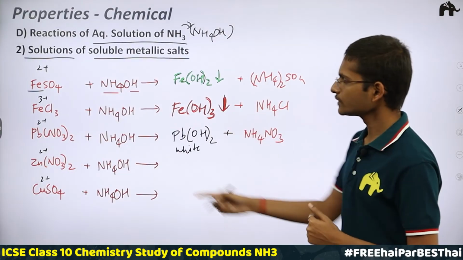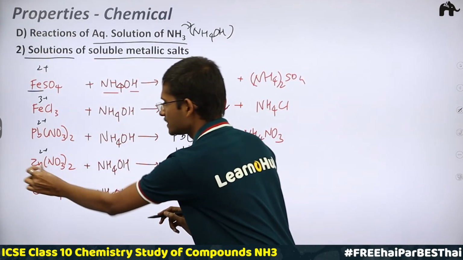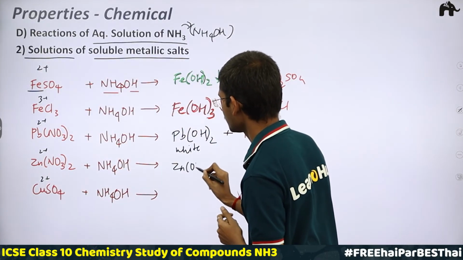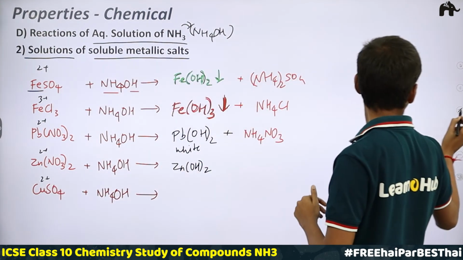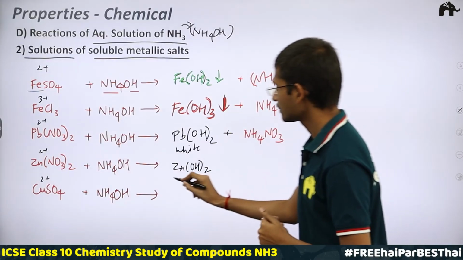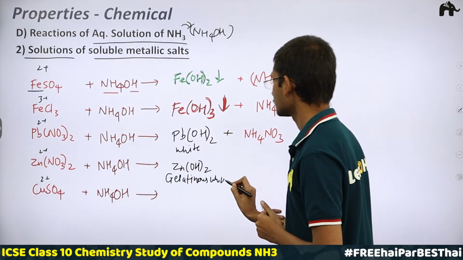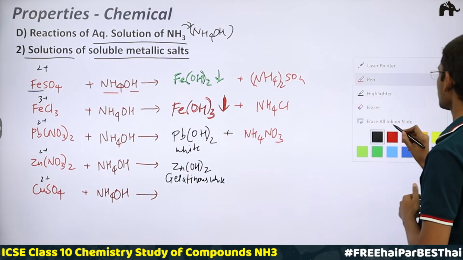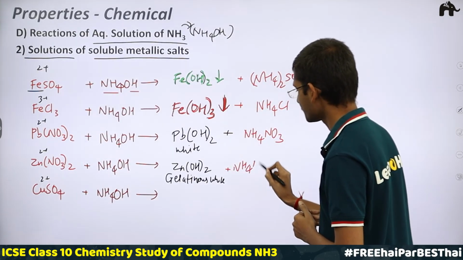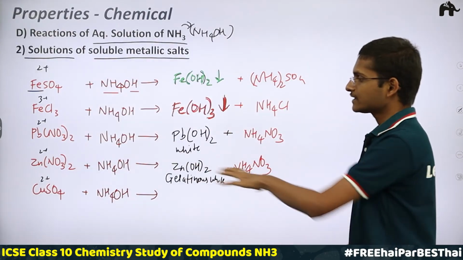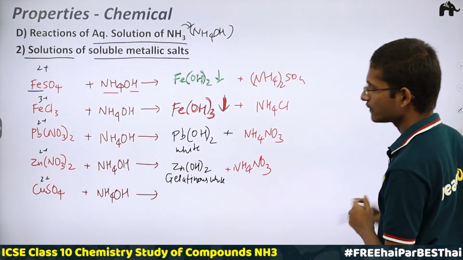NH4NO3. In the same way zinc hydroxide, Zn(OH)2, would be formed, and then ammonium nitrate again. The color is gelatinous white. And in the same way, copper hydroxide and ammonium sulfate.